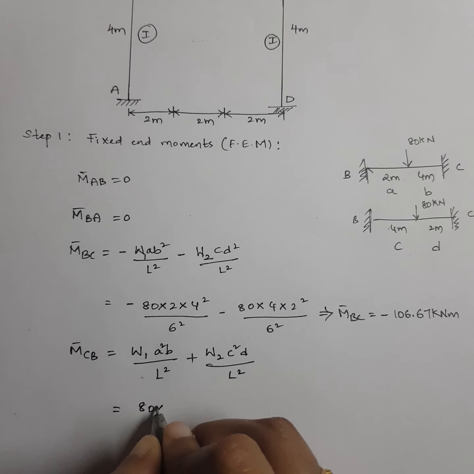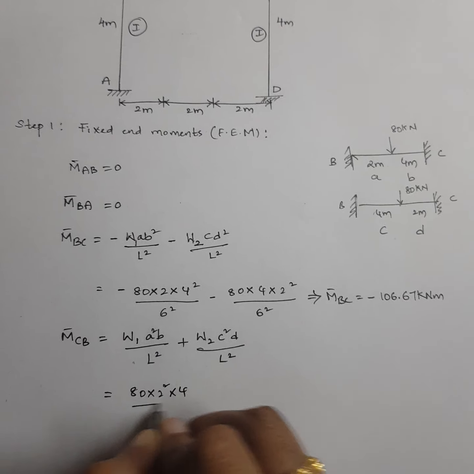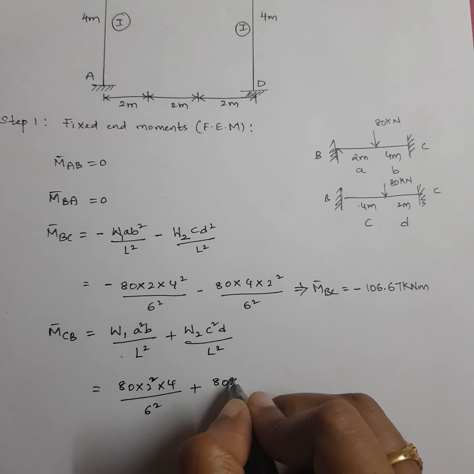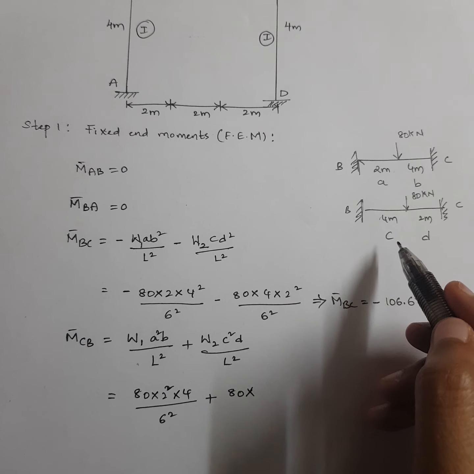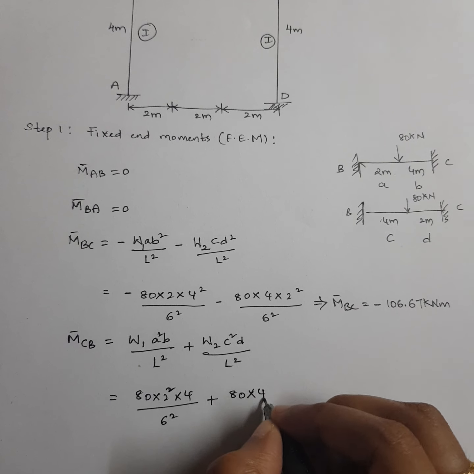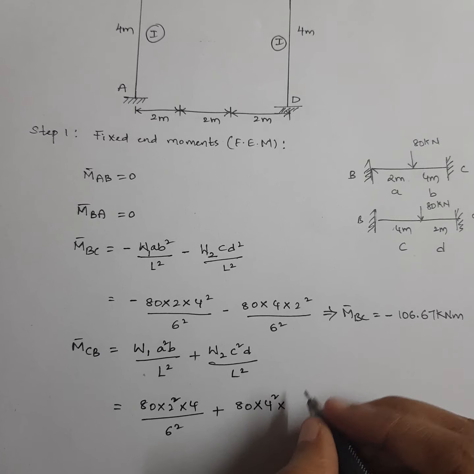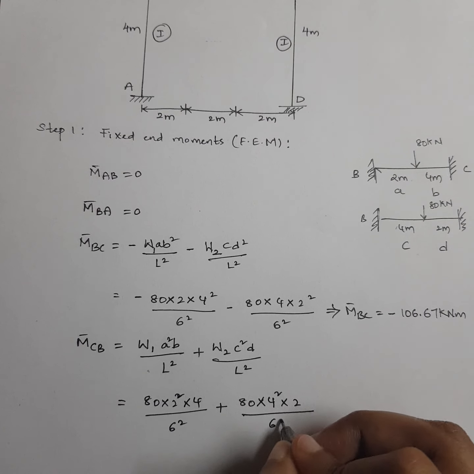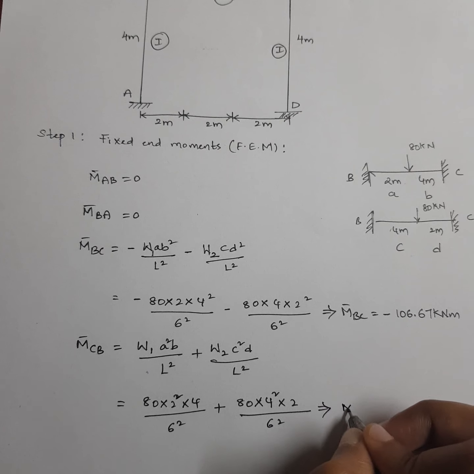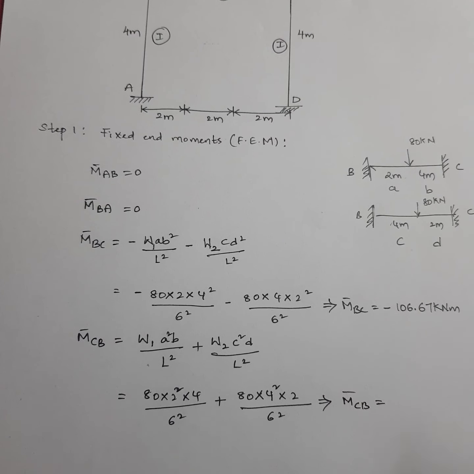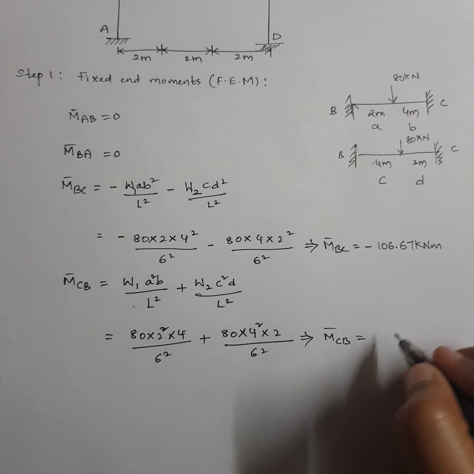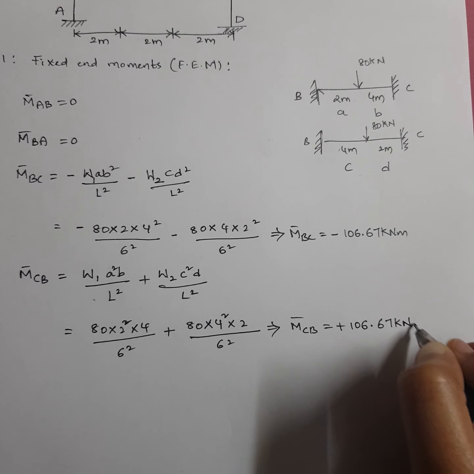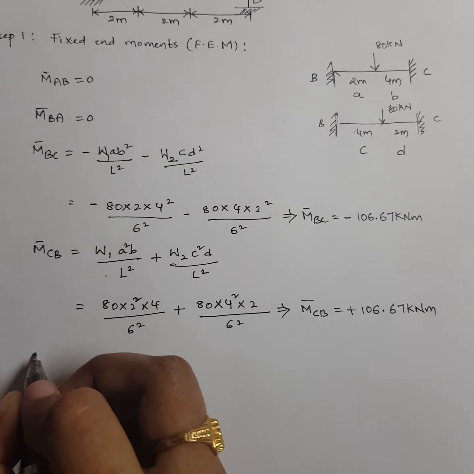W is again 80. 80 into 2 square into 4 by 6 square, plus again 80 into c, which is 4, 4 square into d, which is 2, by 6 square. Let me solve for M bar CB. I got plus 106.67 kilonewton meter.